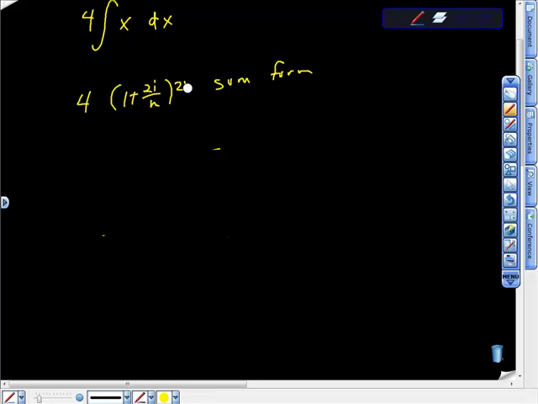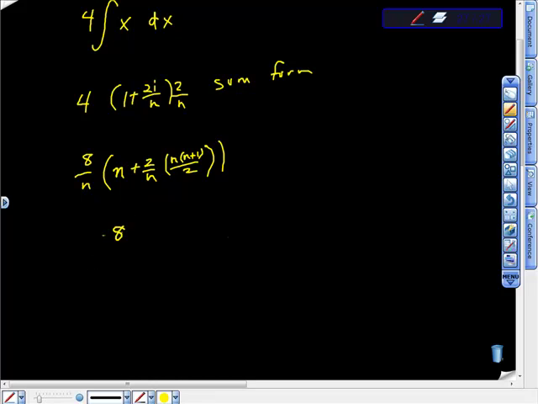2 over n here. Oh, sorry. 2 over n. This is 8 over n, right? 1 plus 2i over n. The summation of i is n times n plus 1 over 2, right? So far, so good. And summating this, this becomes n, doesn't it?